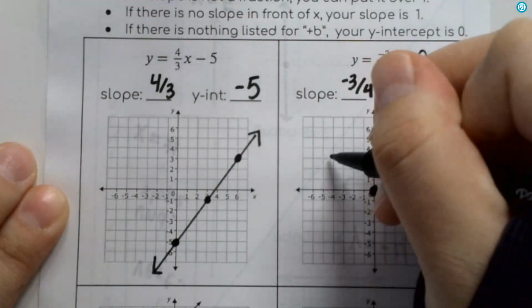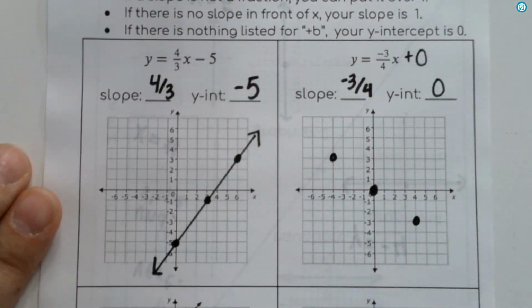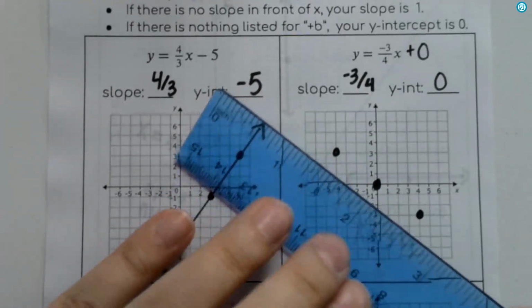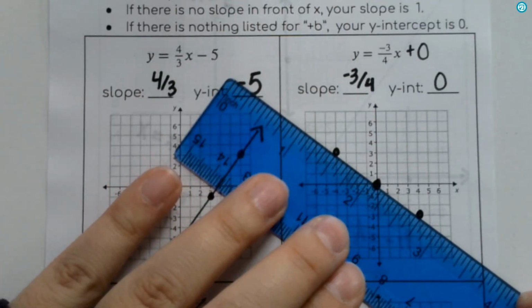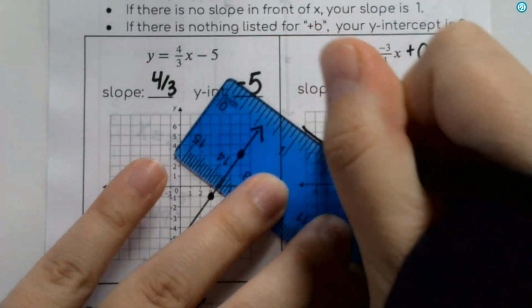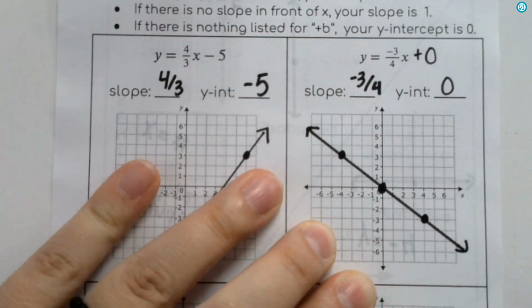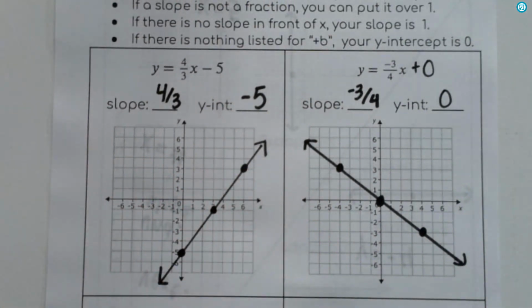So I'm going to go up 3 and left 4 as well to continue the line the other direction. Okay. Any questions about either of those examples?